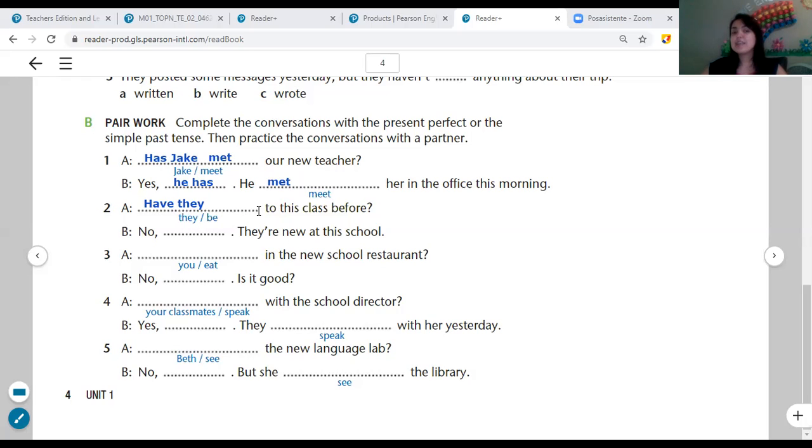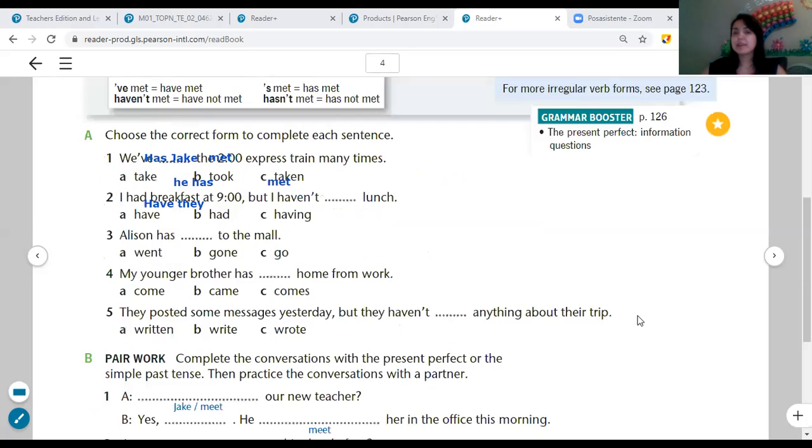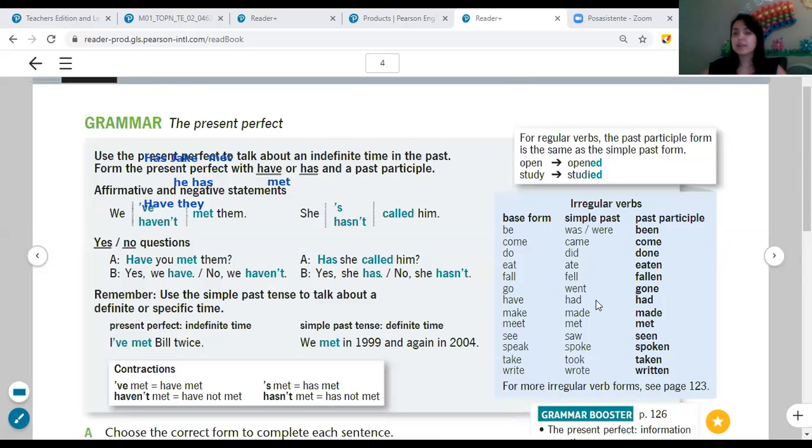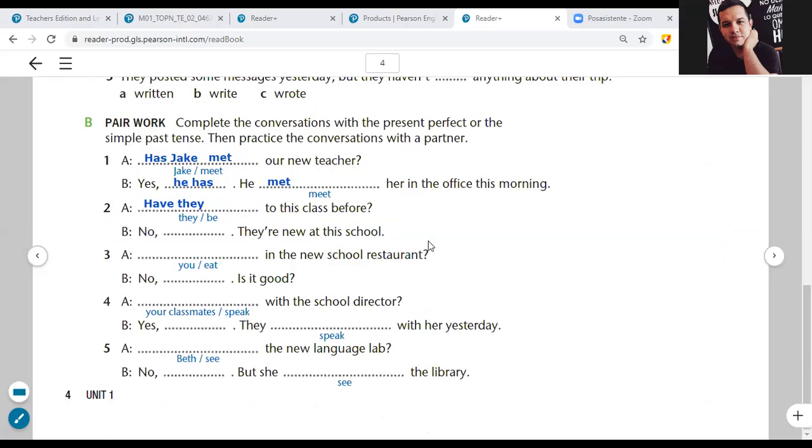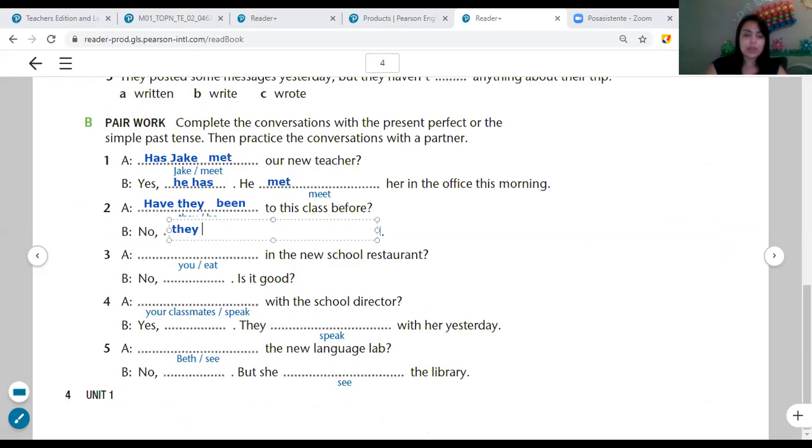Okay, this is the present perfect. So what is the past participle of be? Been. So the question will be, have they been to this class before? No, they haven't. They're new at this school.